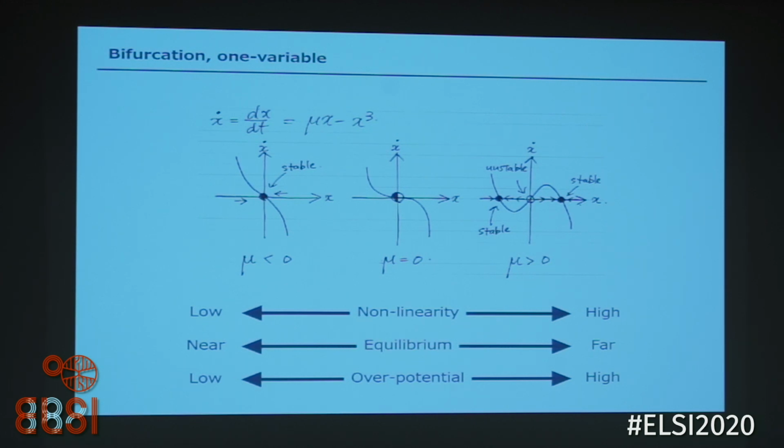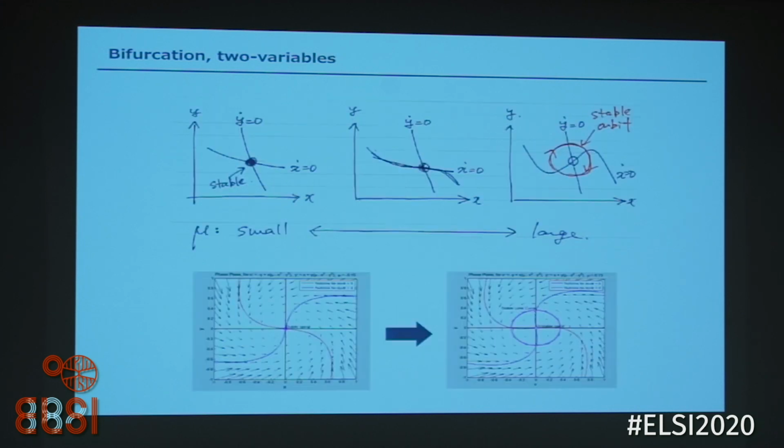This discussion can be extended to a two-dimensional, two-variable system with x and y as the essential variables. Again, when mu is small, the cross point of two curves is stable against fluctuation.